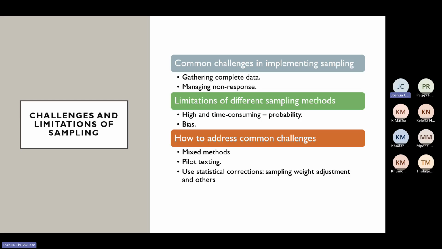So it's time consuming, and bias is also there. How to address these common challenges: mixed methods, pilot testing, statistical correction, sampling weighting, adjustment, and other methods will assist you to manage these common challenges.